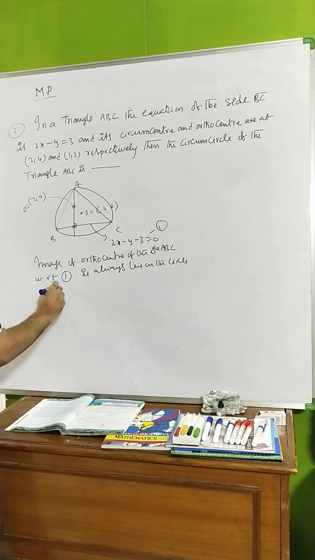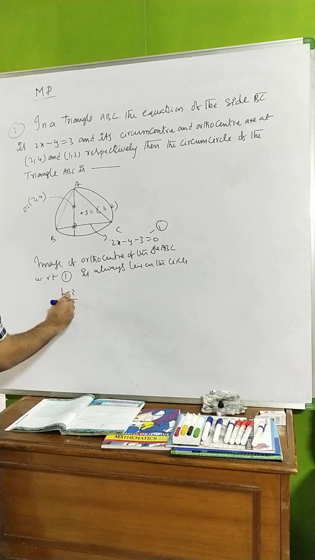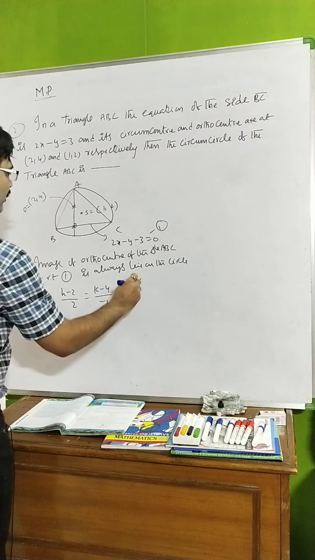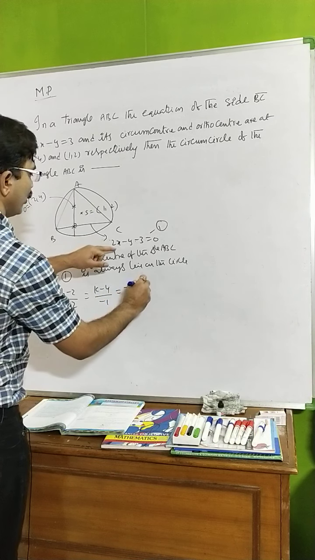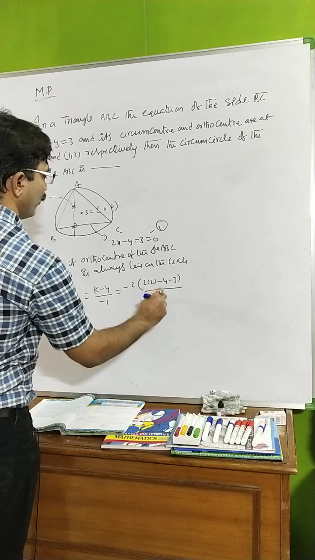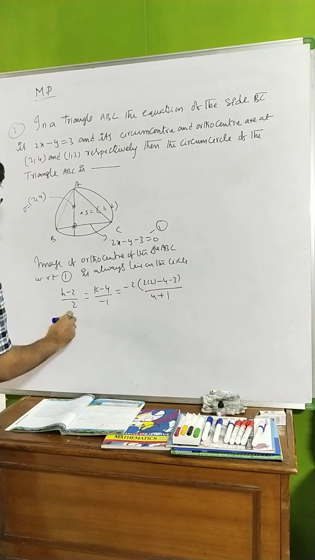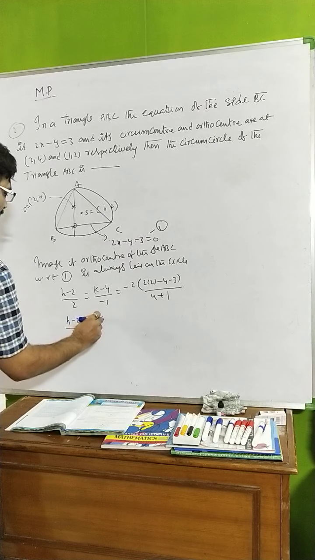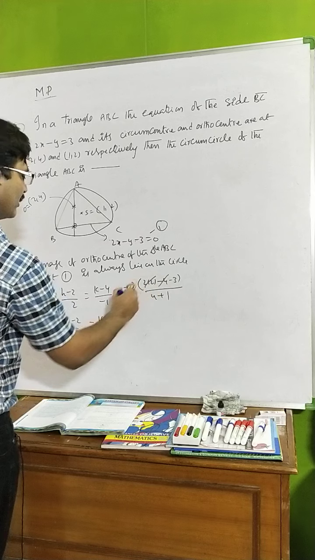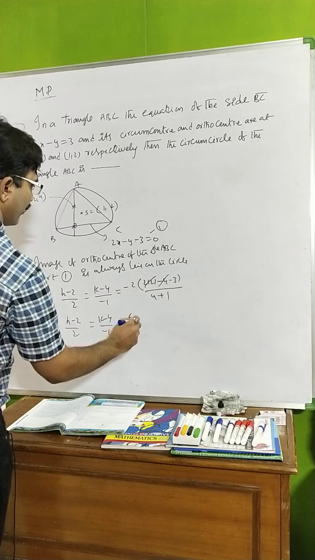How to find the image? You see here, (h minus 2) by 2, (k minus 4) by minus 1, minus 2 into, just I want to substitute here, 2 into 2 minus 4 minus 3 divided by 4 plus 1. After simplifying, this 4 gone, 6, this is what, 6 by 5 we are getting.